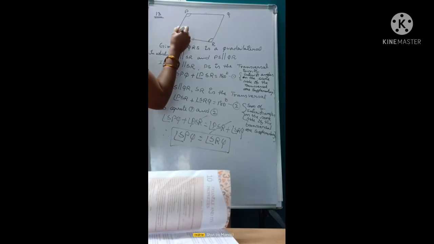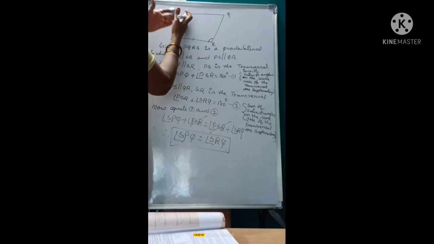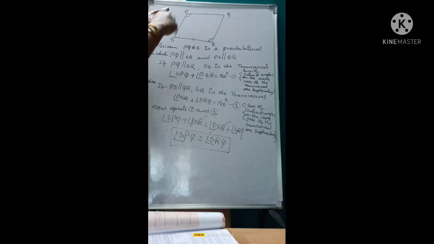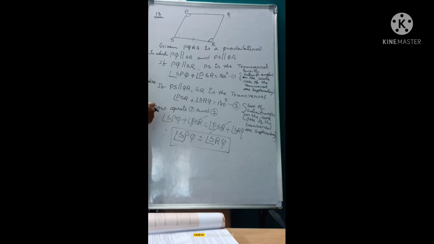First of all, these two angles are in between the parallel lines, which means they are interior angles, and this is the transversal. Both angles are on the same side of the transversal, so we use the property here.